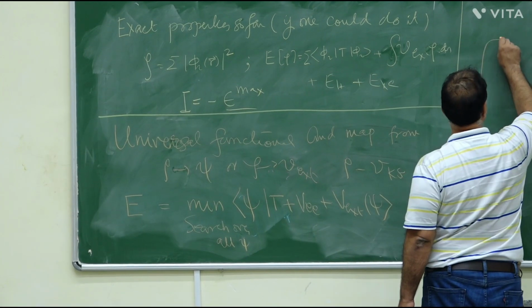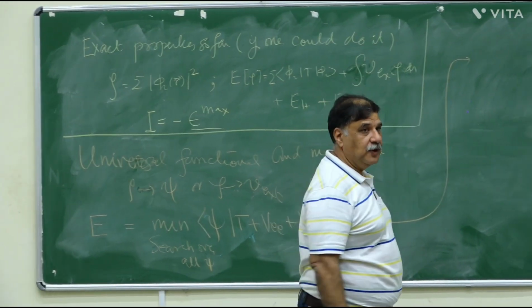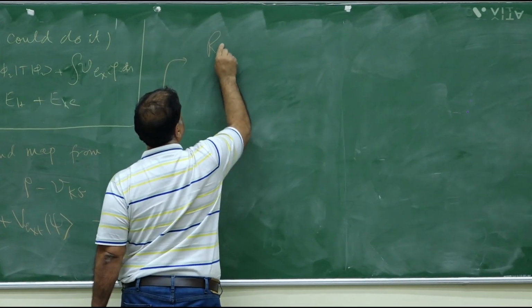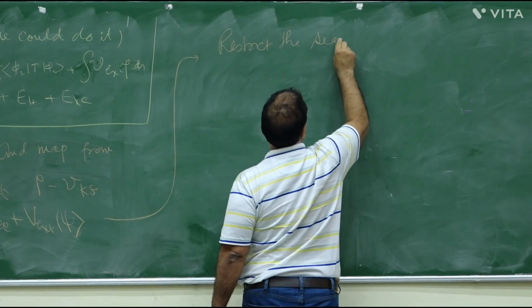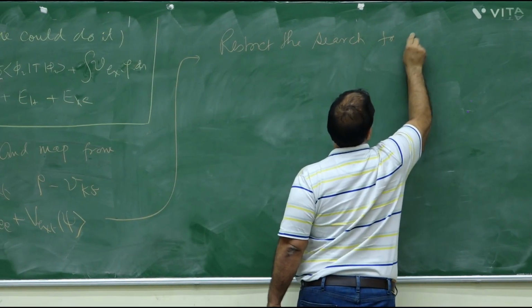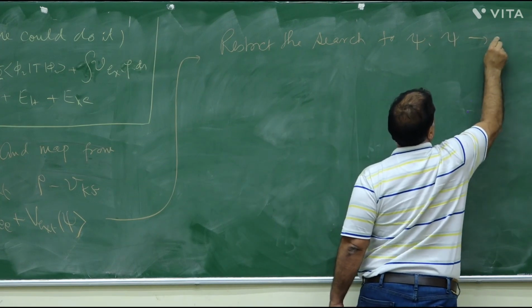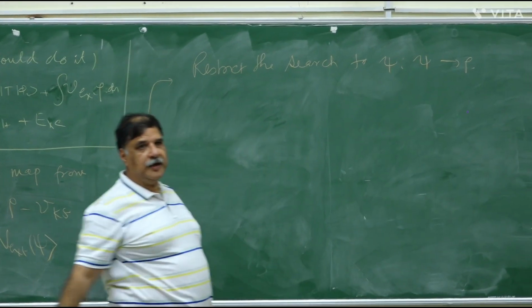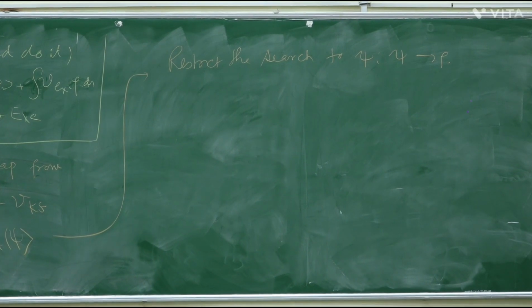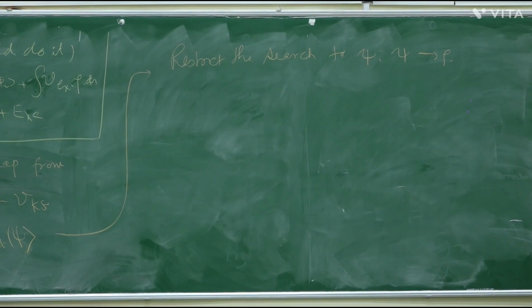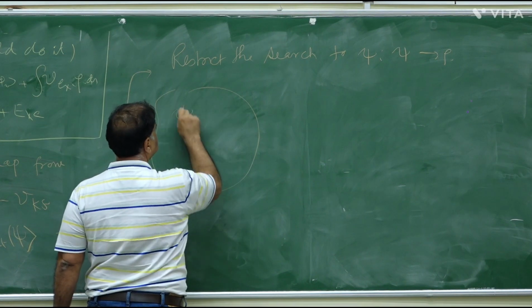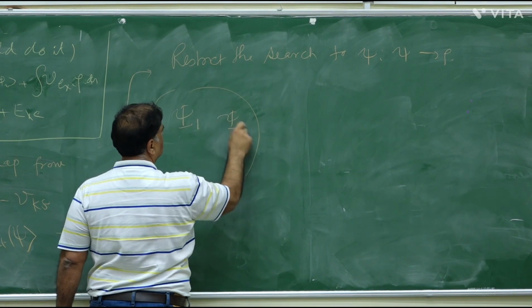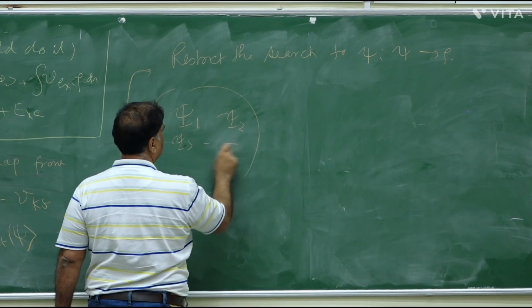And from here, let's ask the question: if we restrict the search to psi such that psi gives rho, I restrict myself. I'll say I look for this psi, so I have this entire Hilbert space, all kinds of antisymmetric wave functions, psi 1, psi 2, psi 3, and so on.